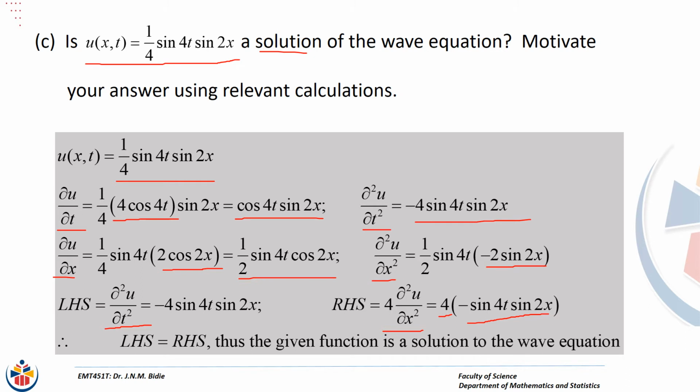In this case, the left hand side and the right hand side give us the same answer. So therefore, we have to conclude, because remember, we were asked a question, is that function a solution? So we have to answer the question, yes, the given function is a solution to the given wave equation.